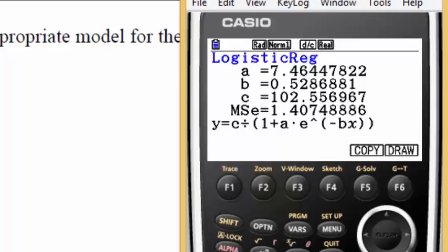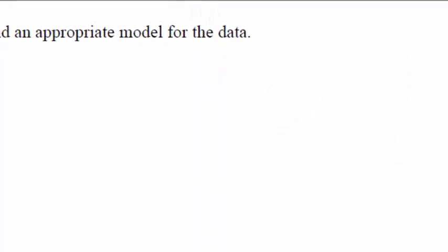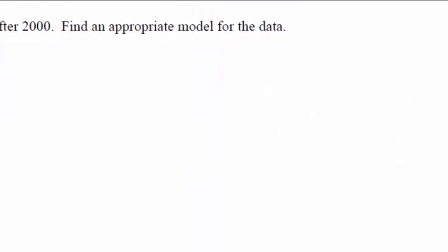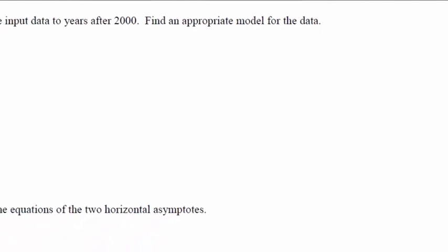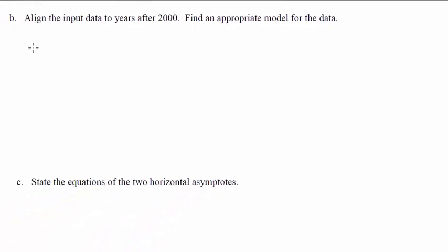To write our model, my limiting value C is 102.557. My A coefficient in front of e is 7.464, and my B coefficient is 0.529. Let's use B of t, B standing for broadband and t standing for time.